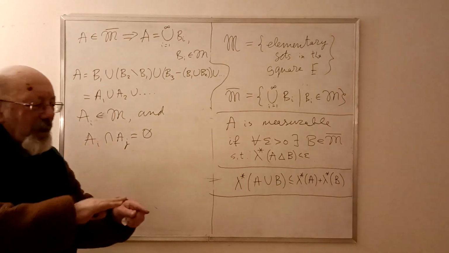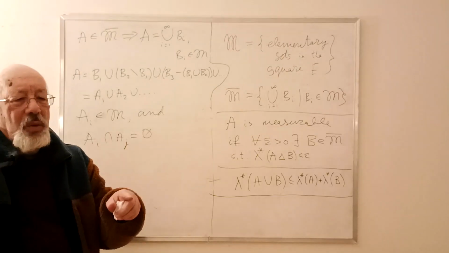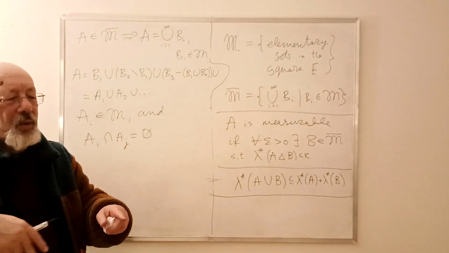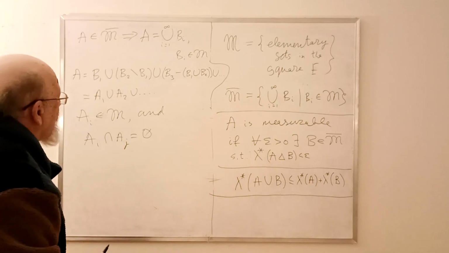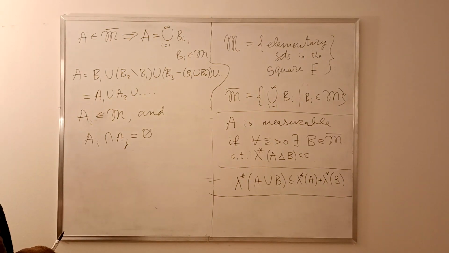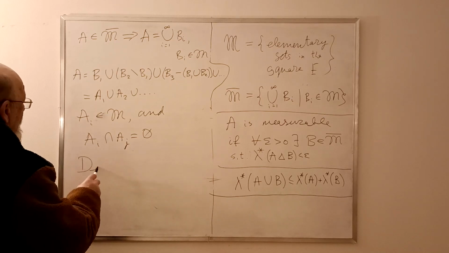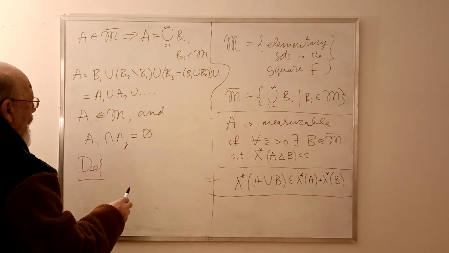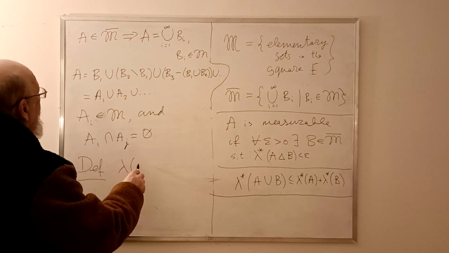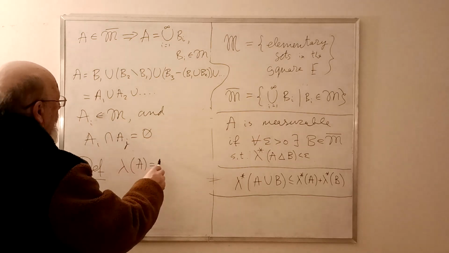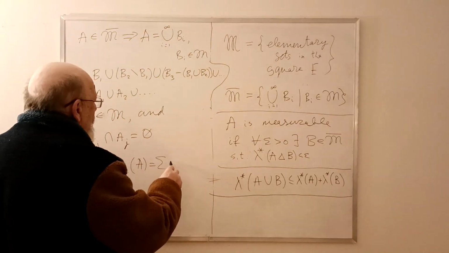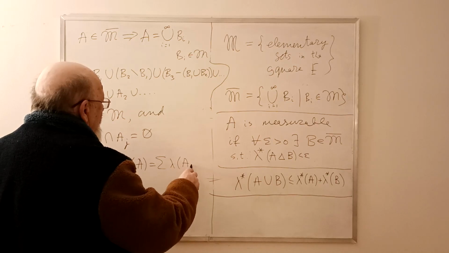So at every step we add a new elementary set which has no common point with previous ones, and then we define lambda of A equals the sum of lambda of A_i.